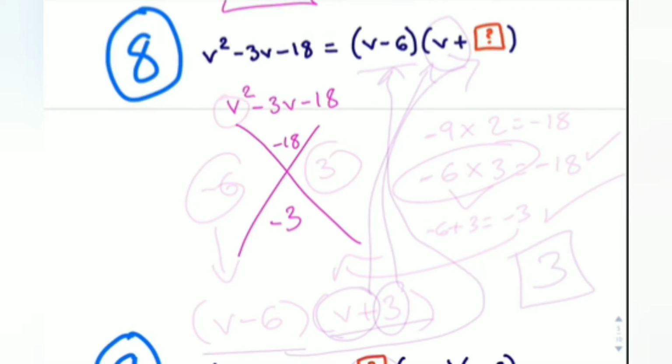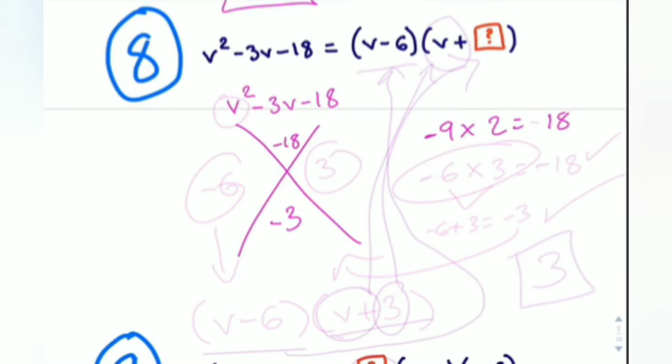So let's pick 9 times 2 equals 18. Oh, but it has to be negative 18. So one of these has to be negative. And in order to add up to a negative number, the top number has to be negative. So negative 9 plus 2 equals negative 7. So it's not these two numbers, because when you add them, it's not -3.